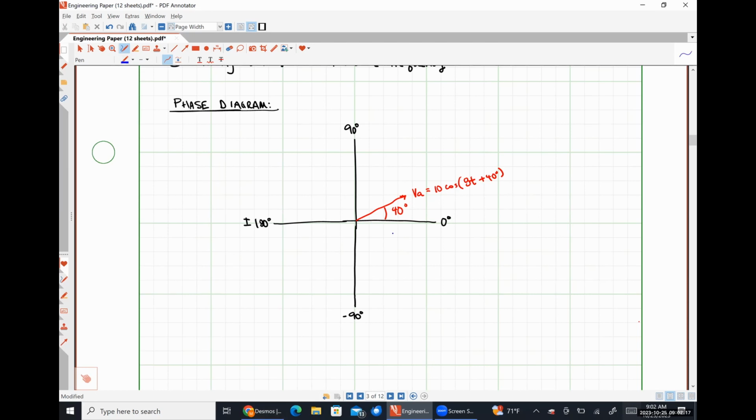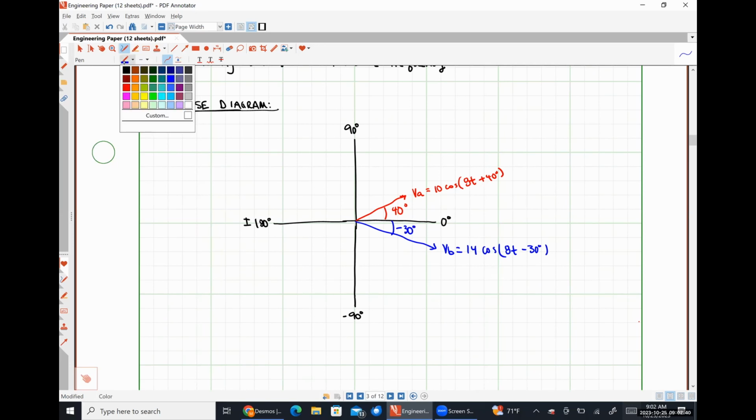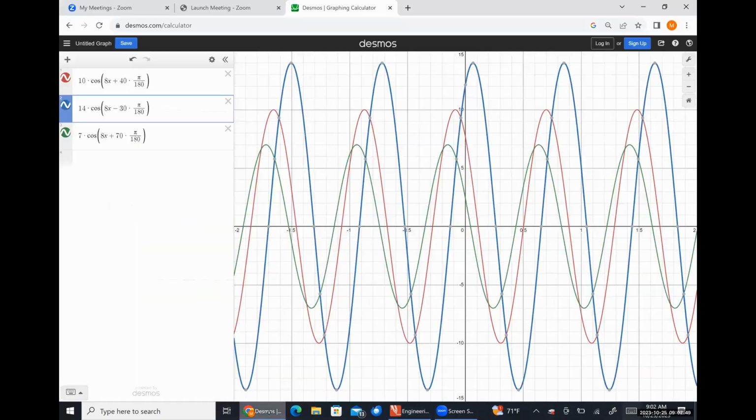So that would be something akin to this. VC was 7 with a phase angle of positive 70 degrees, if memory serves me correctly. Let me look just to make sure. Yep.